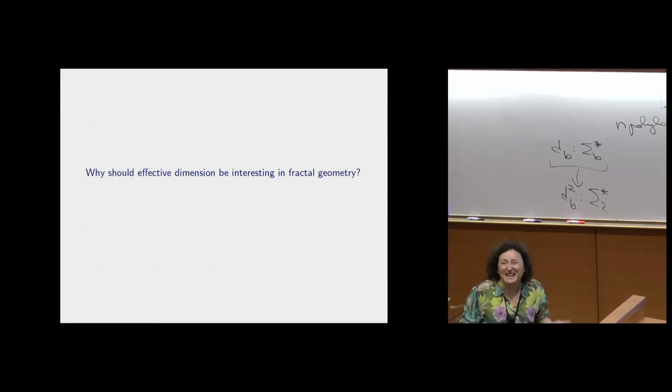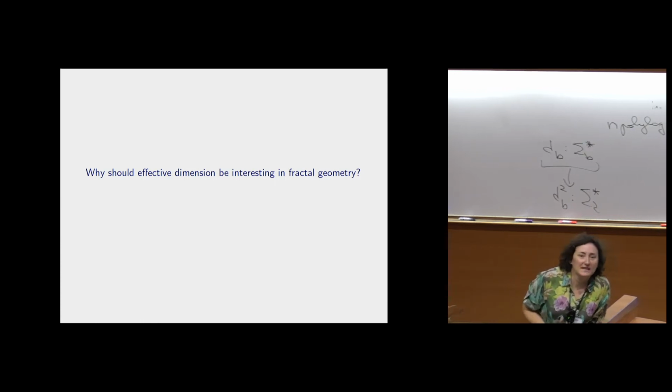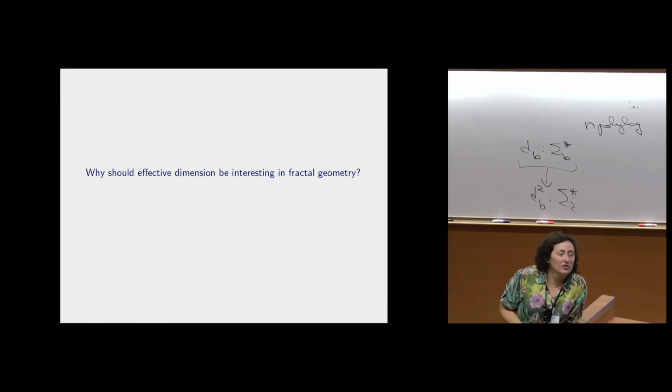So you try to convince people, you're going to be lucky, or maybe effective dimension is what you want, why do you want classical dimension, and so on. But what really made this particularly interesting for people in fractal geometry is that we can go back to fractal geometry.